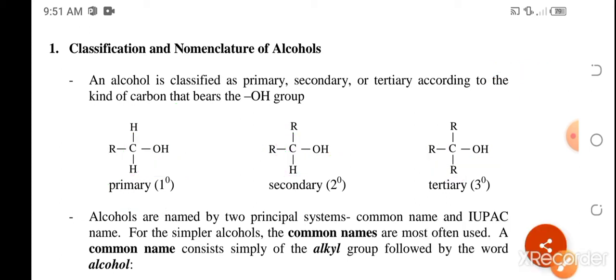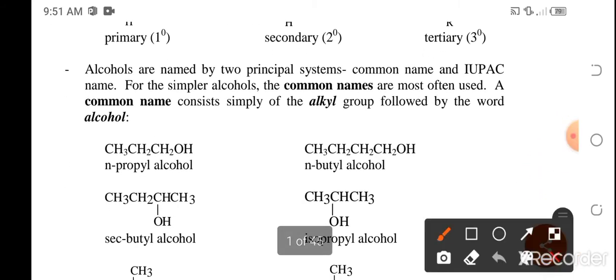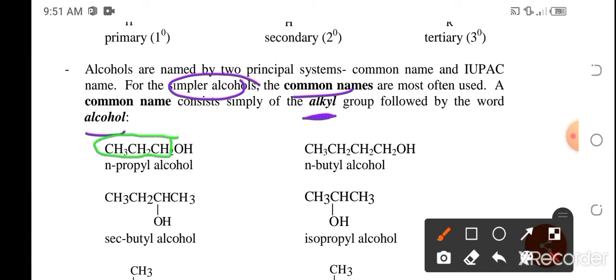As mentioned a while ago, we have two naming systems, the common name and the IUPAC name. The common name is only for simple alcohols. It consists of the name of the alkyl plus the word alcohol. This is the series of carbon atoms, and this is the functional group.